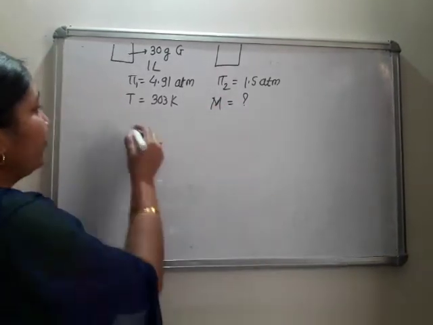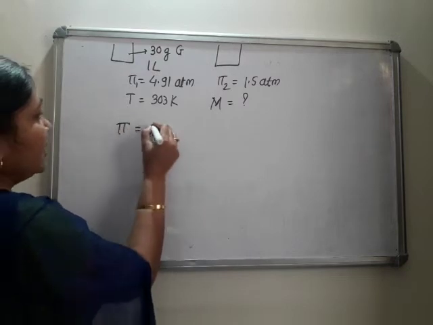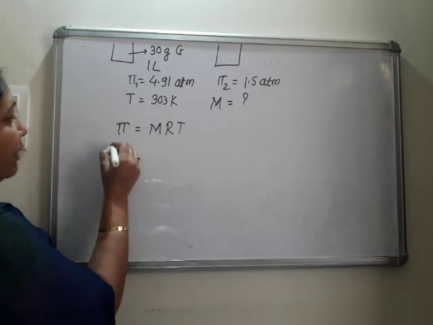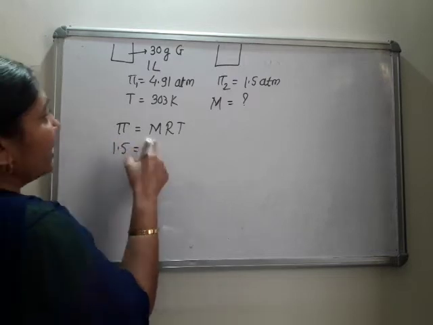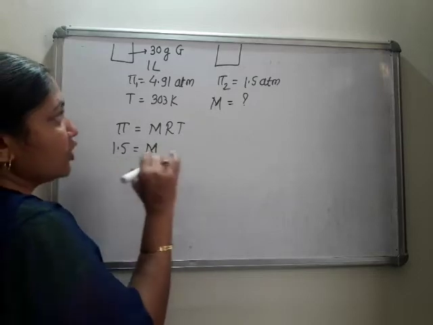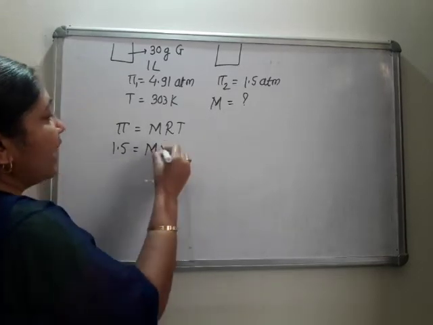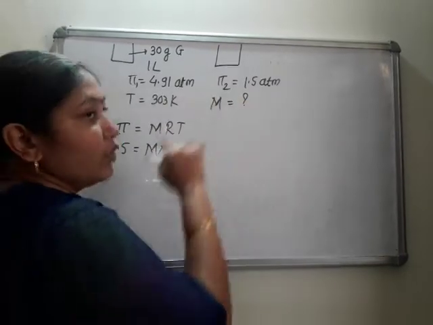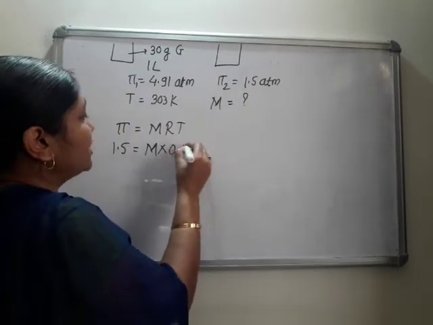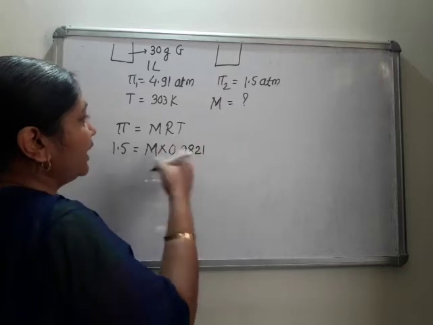What do we know? Pi is equal to mRT. Pi is given 1.5. M is molarity, that is concentration of that solute, that we have to find. R is in liter atmosphere, 0.0821 liter atmosphere.